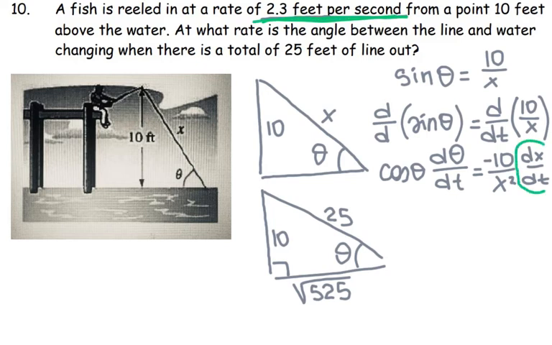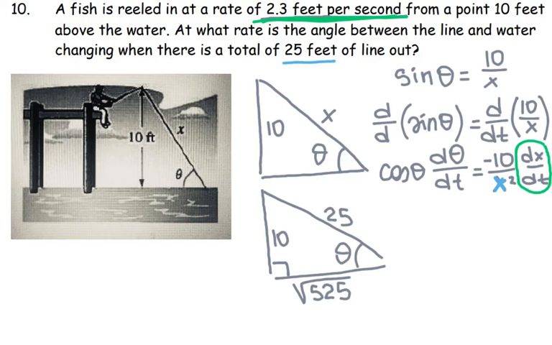Then they tell me that the fish line is going to be 25 feet, so I can plug in x as 25 feet. And d theta over dt is the one that I'm looking for.